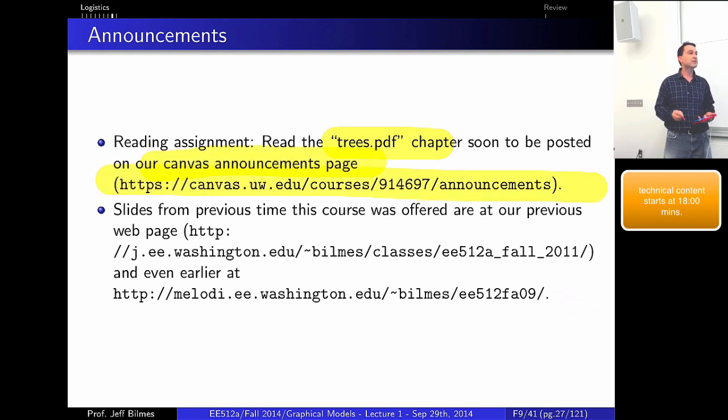So we're using Canvas rather than Catalyst for our homework and for our announcements and for our discussion board and for postings, reading postings. These chapters that I'm going to be making available to you are not published, so I will probably put them on Canvas. On Canvas, the only people who can get to the Canvas pages are myself, John Soup, and all of you.